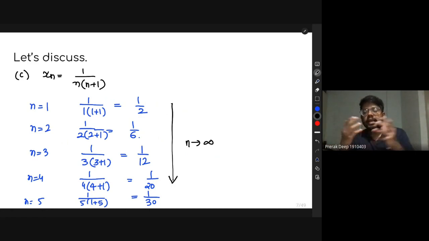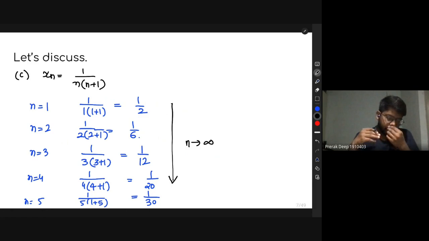The denominator is getting larger and larger as n is increasing. So when n is very large, the denominator is also going to be very large. That means 1 over that denominator will be a very small value, very close to 0. So it will be converging to 0.